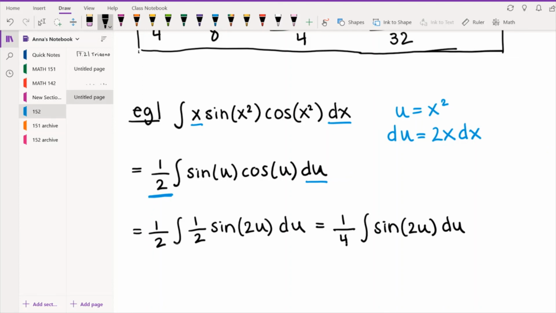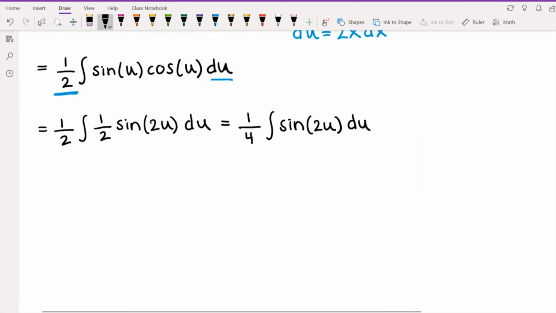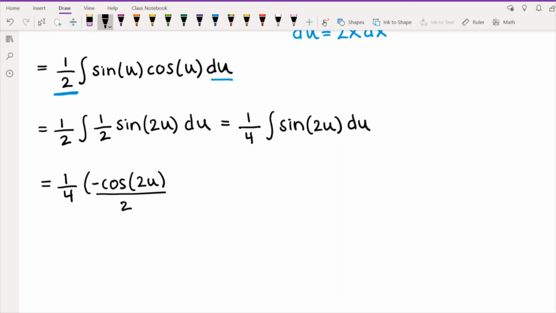So now again, we could do a u substitution, or I guess a w substitution in this case, but again, I think this is a good example of one that you should be able to kind of figure out without having to write it explicitly as a substitution, because the antiderivative of sine of 2u is going to be cosine, or negative cosine of 2u divided by 2. So we can say 1/4 of negative cosine of 2u divided by 2.